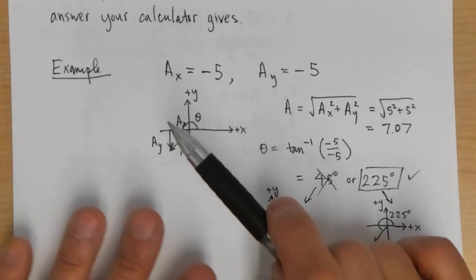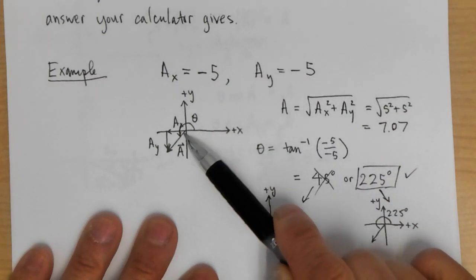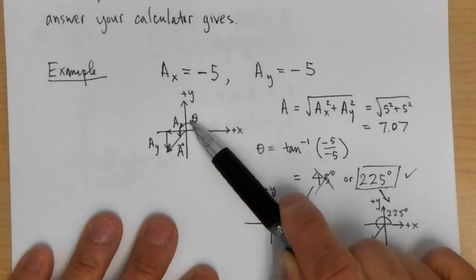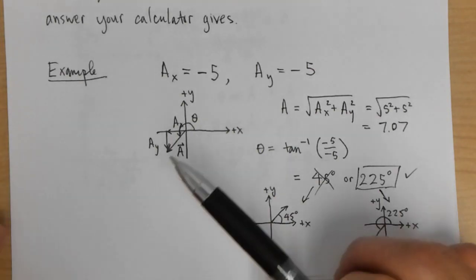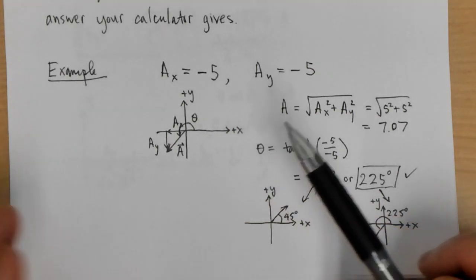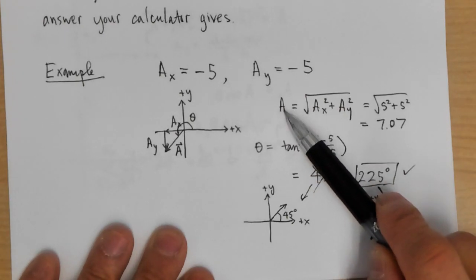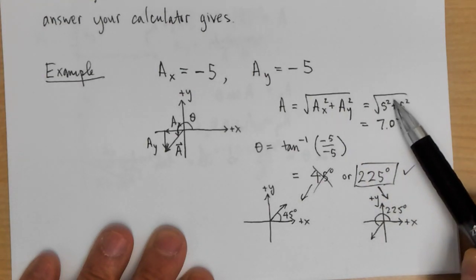So for example, if Ax is minus 5, Ay is minus 5, then we have this sort of direction here. Theta is clearly something like 200, more than 180 degrees, but less than 270. Okay, and so we can calculate A is the square root of Ax squared plus Ay squared, so the square root of 50.